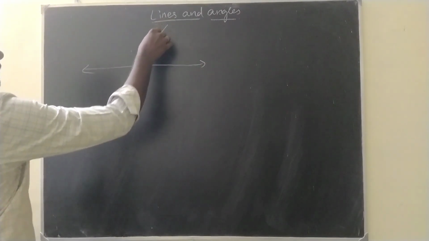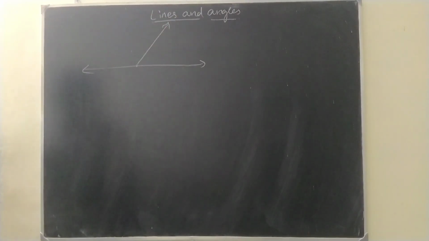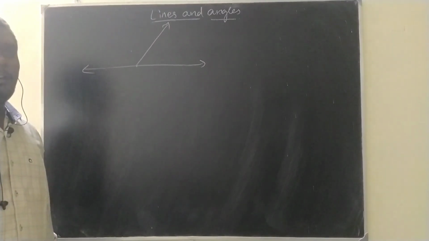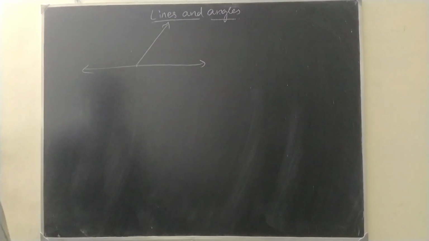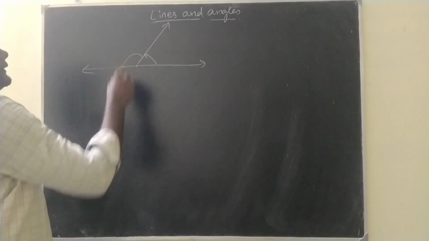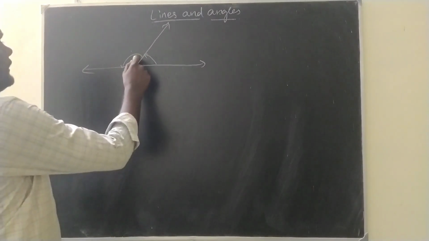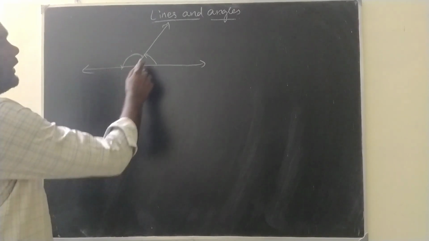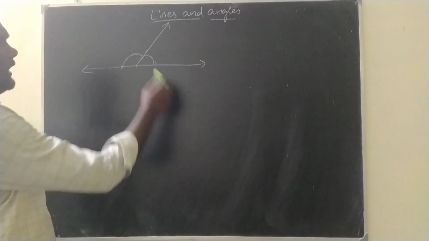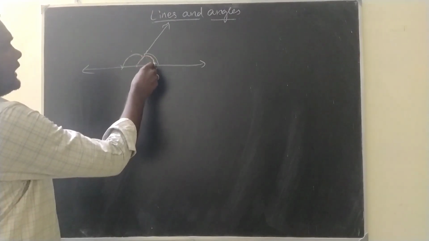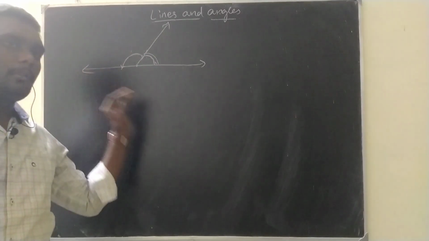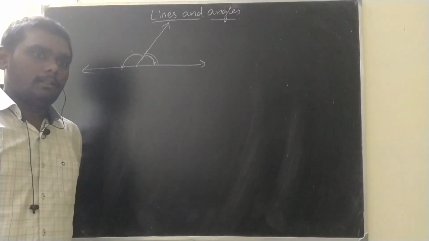In that, suppose we are inserting a ray at one point. So that obviously makes two angles. One is this one, another one is this one. These two angles have different measures. How do we denote that? We differentiate one from another using marks. Like two lines means different, and the same number of lines we use to denote that those two angles are equal.